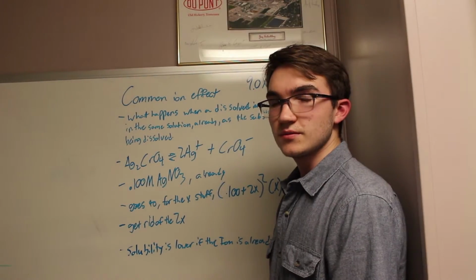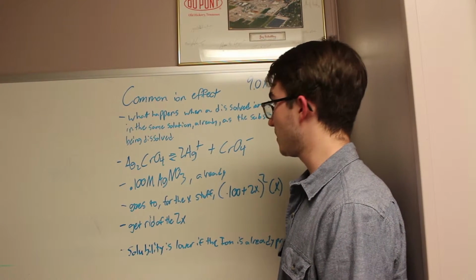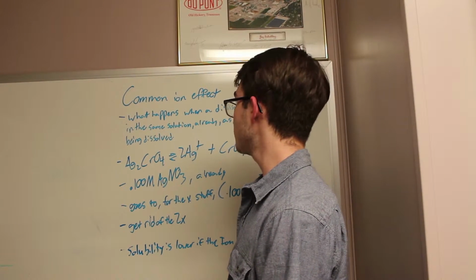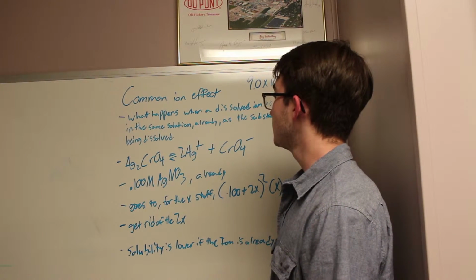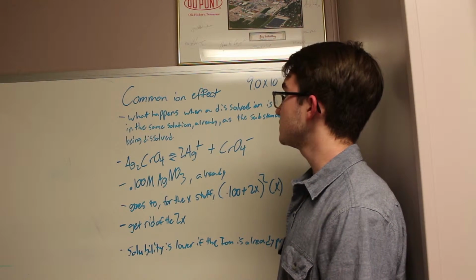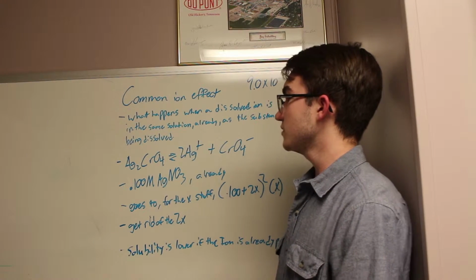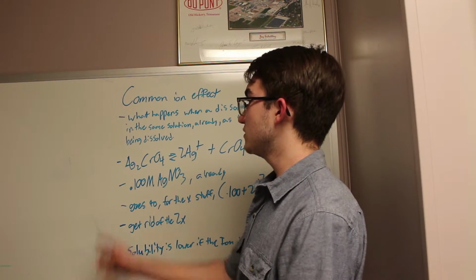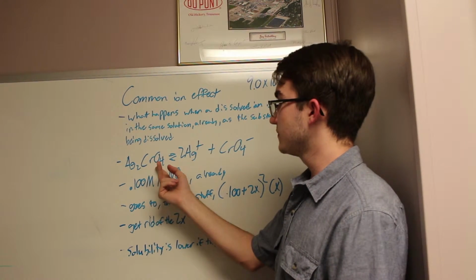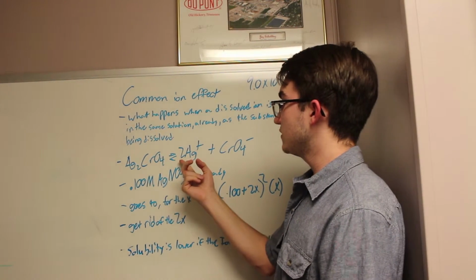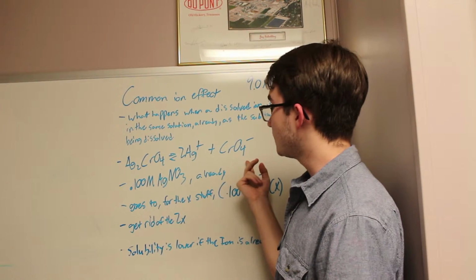That wasn't that hard. Alright, let's talk about the common ion effect. Woohoo! What happens when a dissolved ion is in the same solution as the substance being dissolved? If that makes sense. So say we have solid silver chromate right here, and it is dissolving into silver and CrO4.